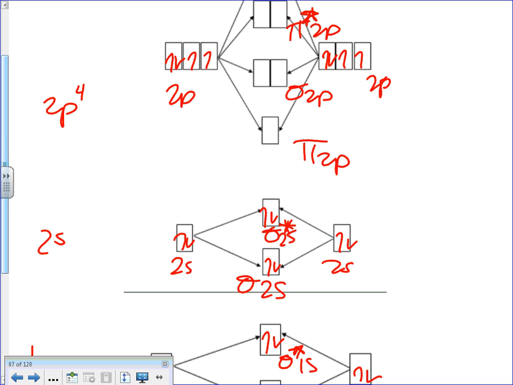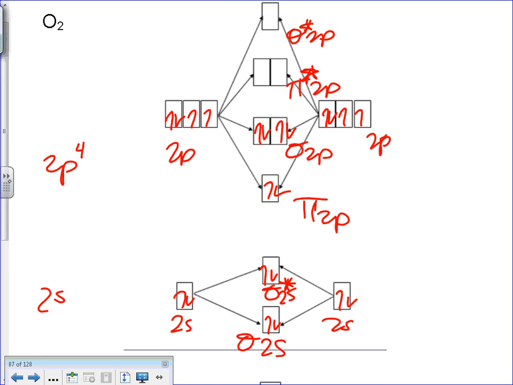So starting from my box system I have set up for you, from the pi 2p, we put 2 electrons here, counter to each other, and then 1, 1, 2, 2 into the sigma 2p. So far, that's only 6 electrons. So then the 2 more have to go into 2 separate pi star 2p orbitals, and I want you to just recognize right here that these are unpaired.